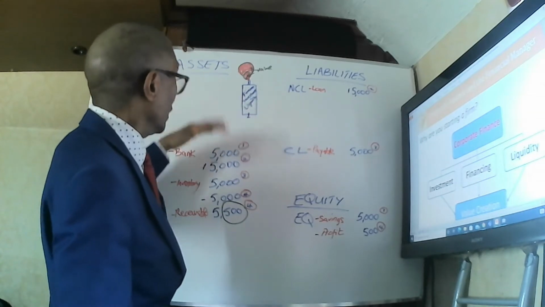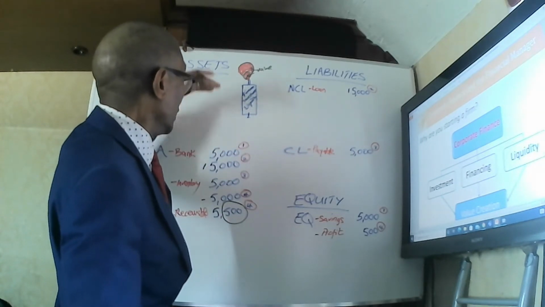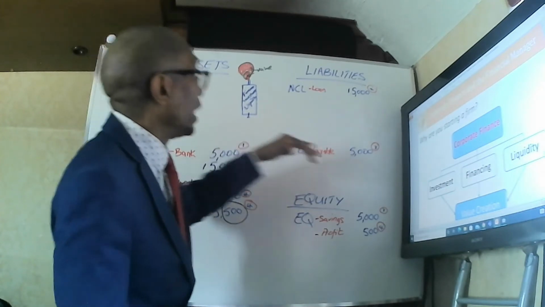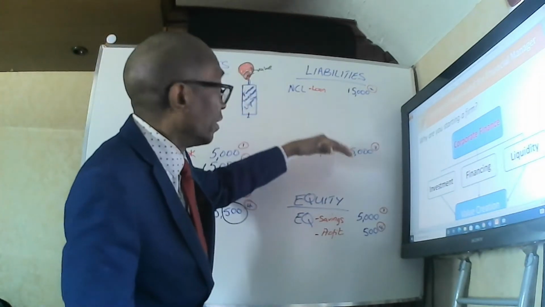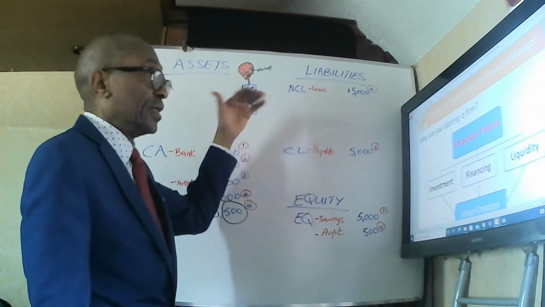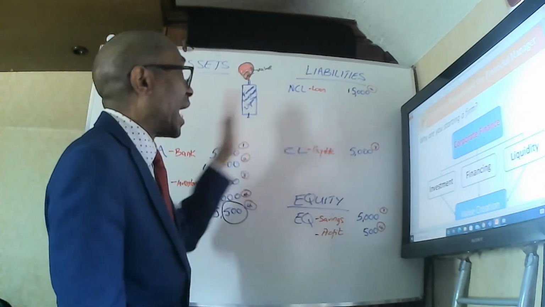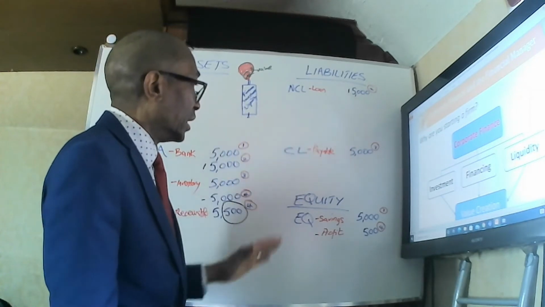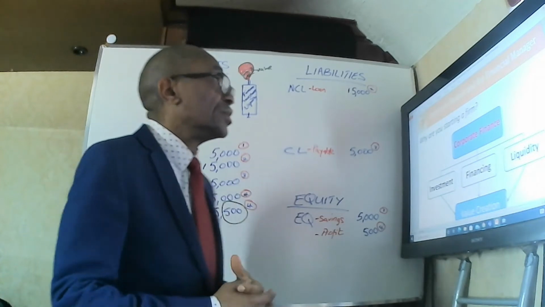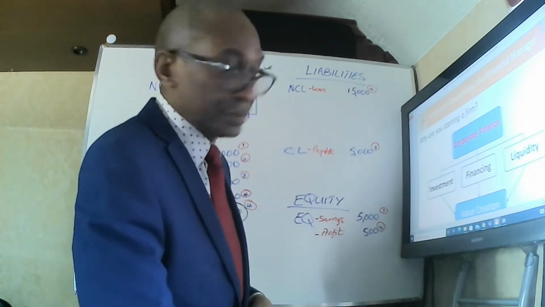They remain the same. You buy a machine, you debit asset, you credit bank account, or whichever source of finance you have used to buy them. Both sides will continue to balance, and when you use them properly, they add value to your organization.